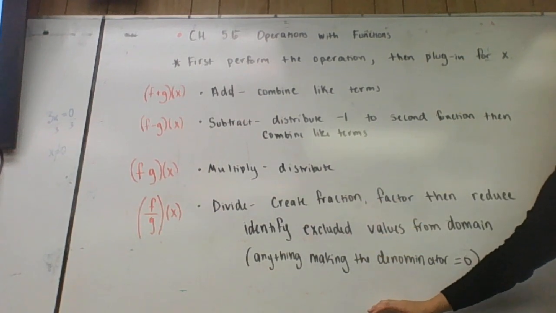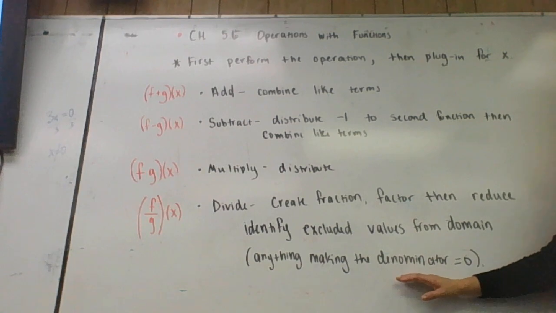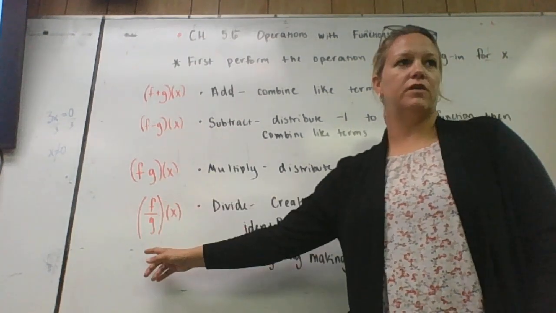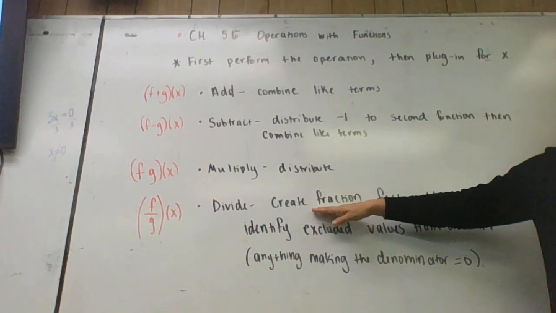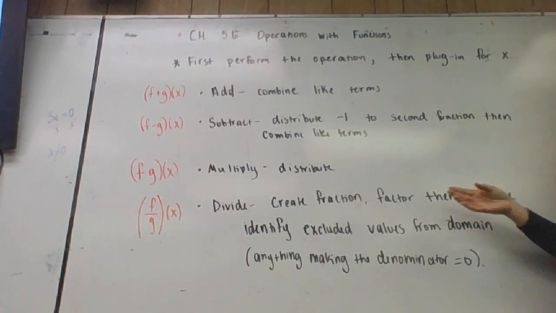This one, that's division, is where your new information's coming into play. And this one's the most important moving forward, the fraction. So it says f over g, and you do exactly like that. You write f over g, creating a fraction. If possible, you factor. After you factor, if possible, reduce. It's not always possible.